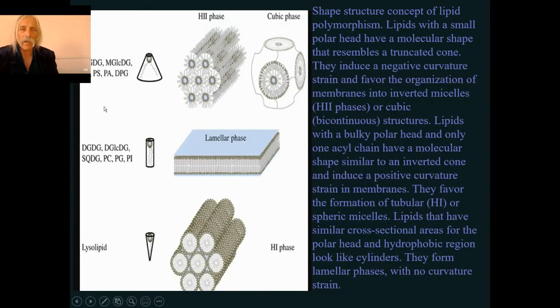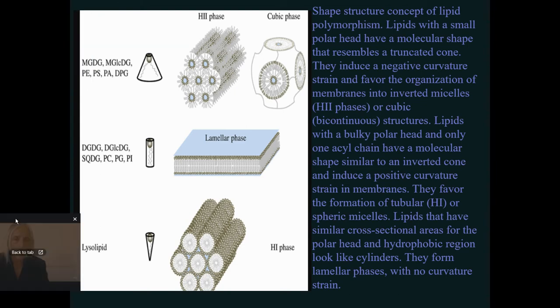So depending on the kind of lipid you have, that's what we're showing you here. So this is monogalactosyldiacylglycerol, monoglucosyl diacylglycerol, phosphatidylethanolamine, phosphatidylserine, phosphatidic acid, and diphosphatidylglycerol or cardiolipin.